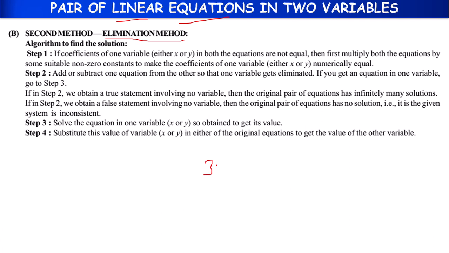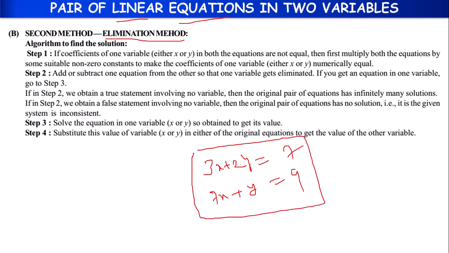Suppose we have equations like 3x plus 2y equal to 7 and 7x plus y equal to 9. If we have two equations like this, then we have to change the equations in such a manner that either the coefficient of x or the coefficient of y should be equal to one another.